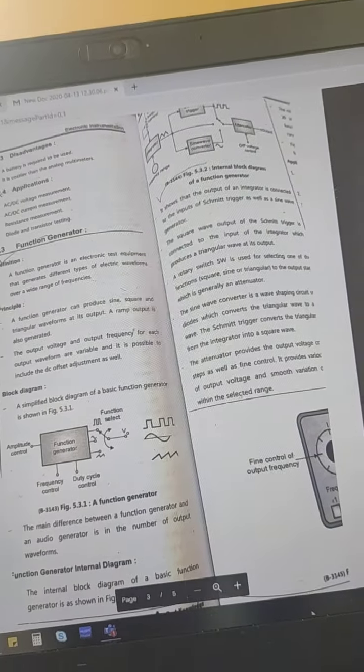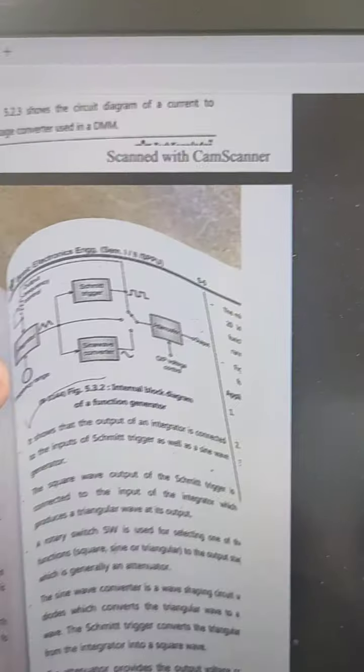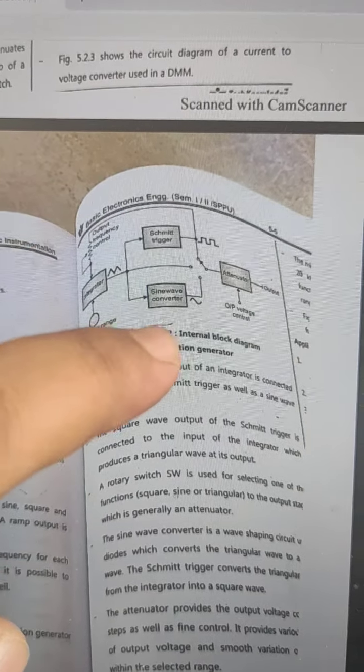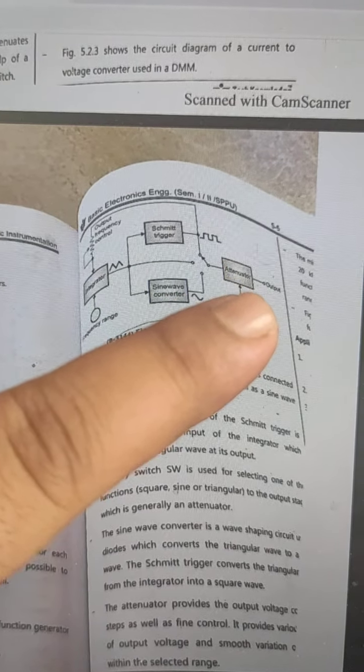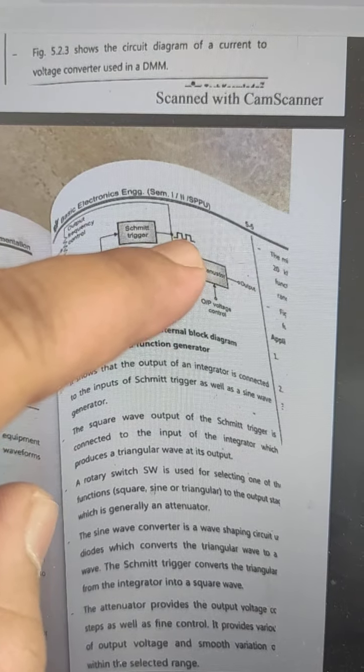Now this is a block diagram of function generator. In the block diagram, this is our integrator, this is Schmitt trigger, this is sine wave converter, this is attenuator. As you know, the Schmitt trigger will generate a square waveform.